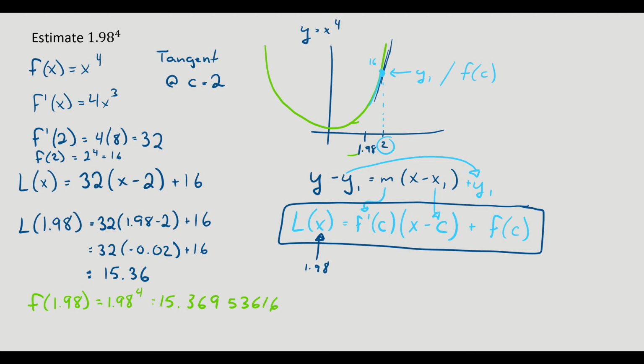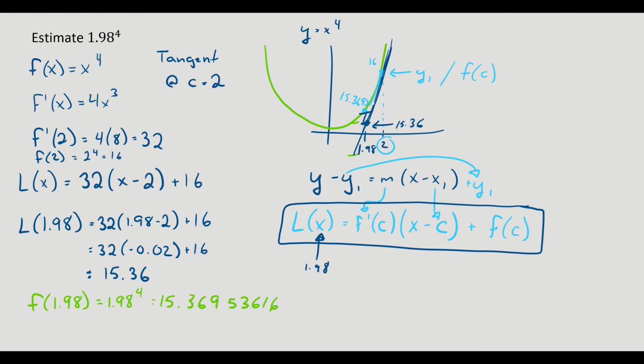So what this is saying is that point on a curve, 1.98, is at 15.3695, but then when I use my tangent line, when I get the y value right here, I get 15.36. So it's just barely below it. But see, it's a good approximation. It's a little bit below, but it's very close.